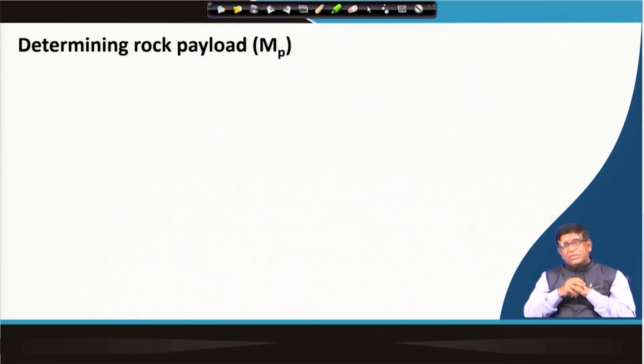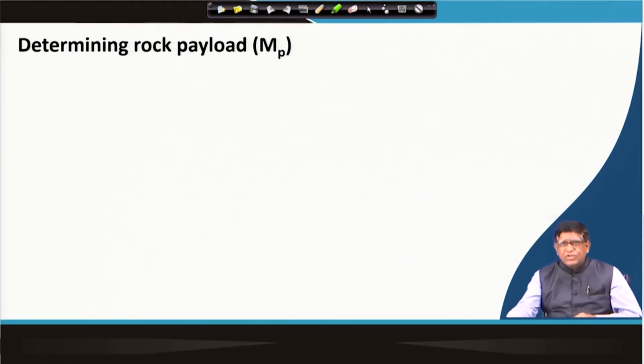If there is a longer cycle time, then the load coming in one trip will be very vital for your productivity. That is the rock payload.